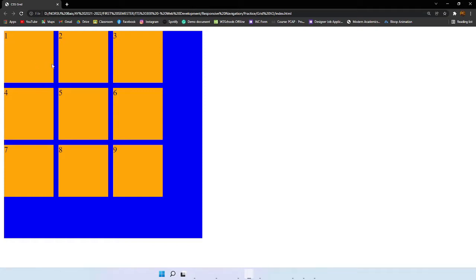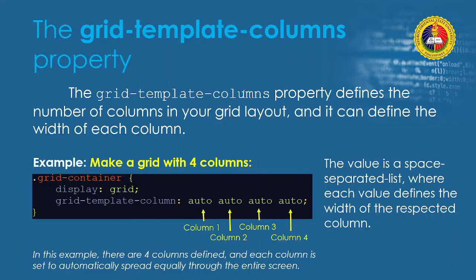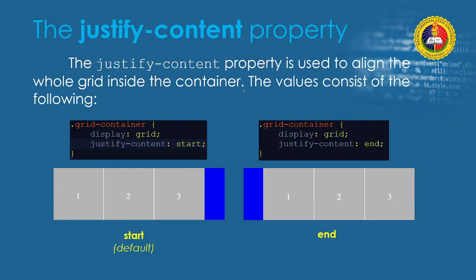Now, we can move it around to wherever we want to place it. Let's say we want to move it to the right side, or to the bottom, by using this property. So right now, by default, it's on the top left corner, but we can always change that using justify content. So the justify content property is used to align the whole grid inside the container.